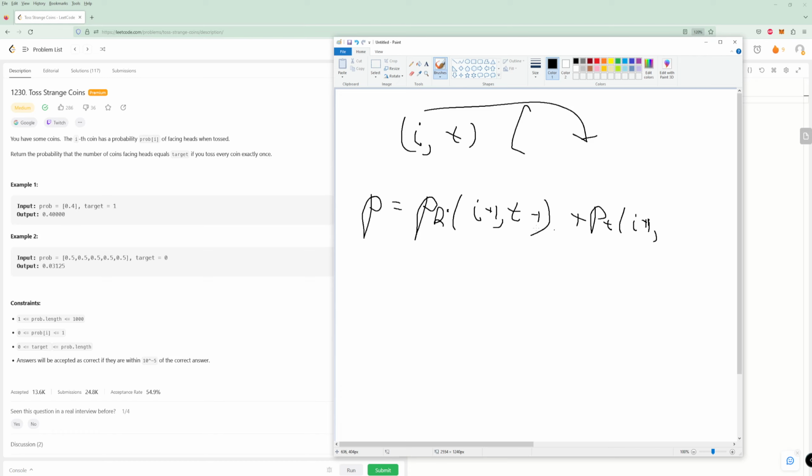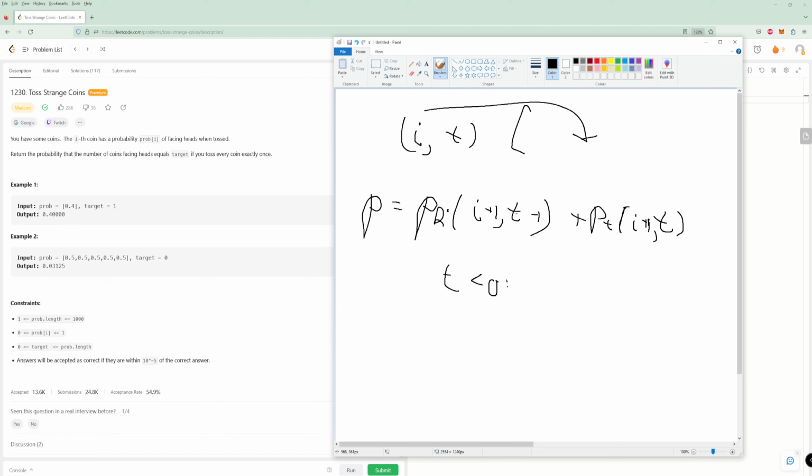Now, target is the number of heads we want. So if we got a tails, we still want the same number of heads, right? We didn't get a heads. And now let's just think, okay, we got this recurrence relation, but how do we actually get base cases? Well, for one thing, we know that if the target is less than 0, that's a base case, right?